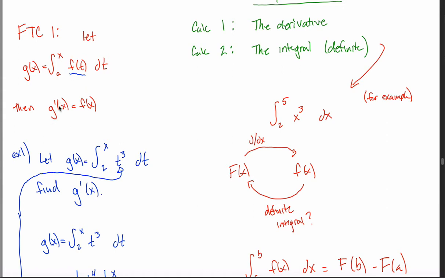If somebody asks you the question, what's g prime of x? Your answer is just, well, it's this thing. I mean, change your variable from t's to x's, right? Don't write t cubed, write x cubed, because it would be weird for g prime of x to be equal to t cubed, right? This is a function of x, so my variable should be an x, not a t. But all you have to do is take whatever's written right here and put that down here as your answer. That's the fundamental theorem of calculus.